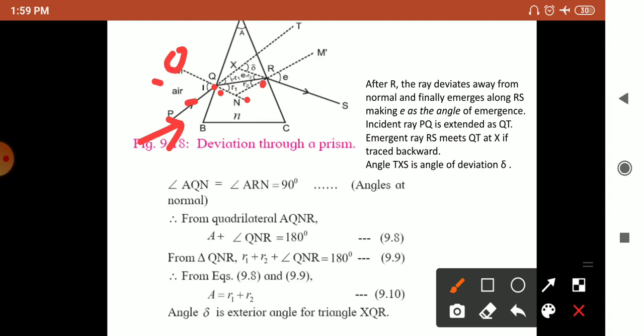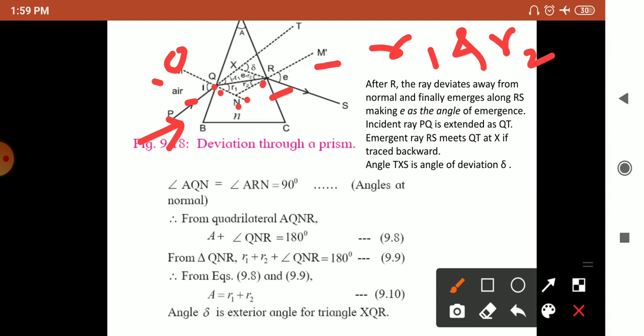Here M'RN is the normal through R. The angles of refraction at Q and at R are r1 and r2.